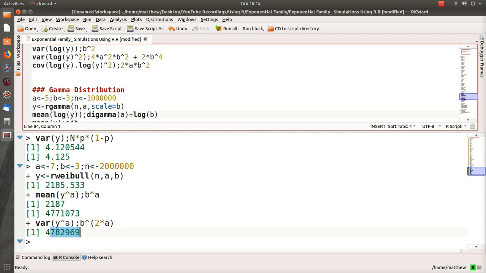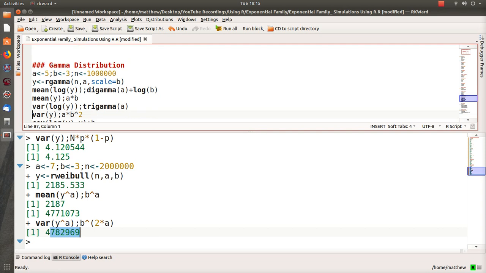Now the gamma distribution. When we looked at the exponential family for the gamma distribution, the sufficient statistics were log of y and y. And when we calculated the mean of the log of y, we came up with a new function called the digamma function.